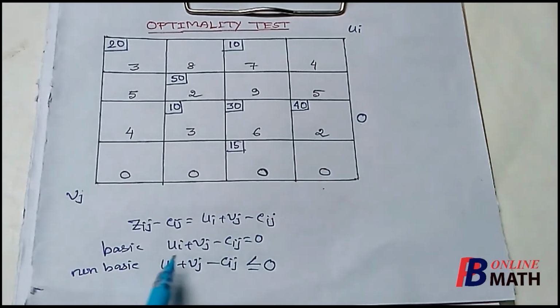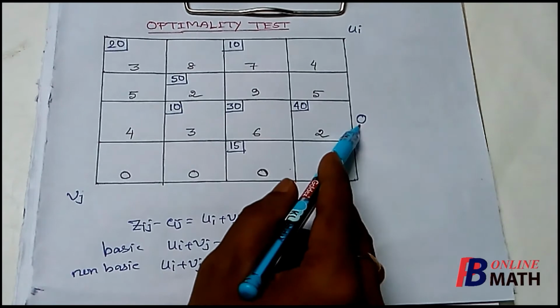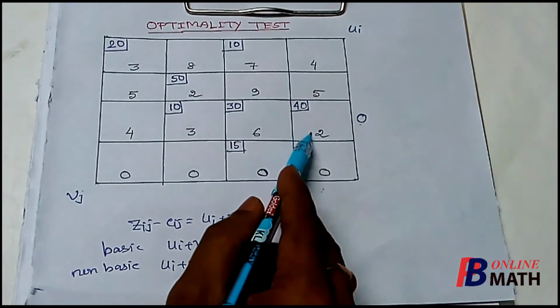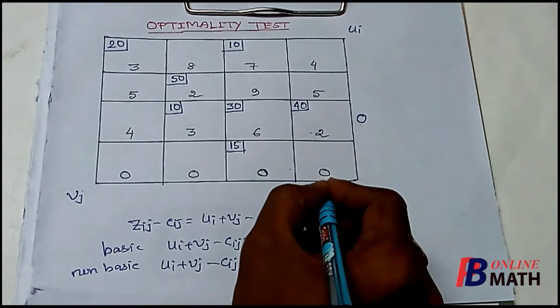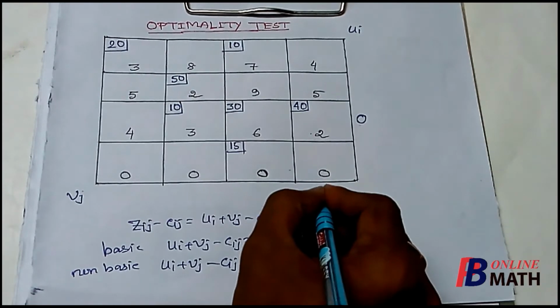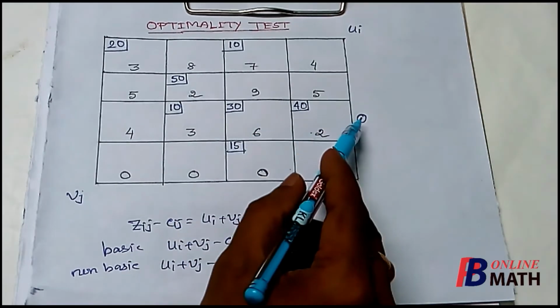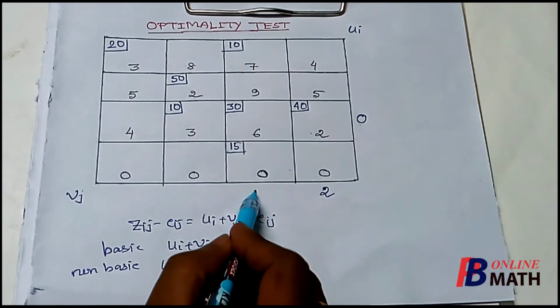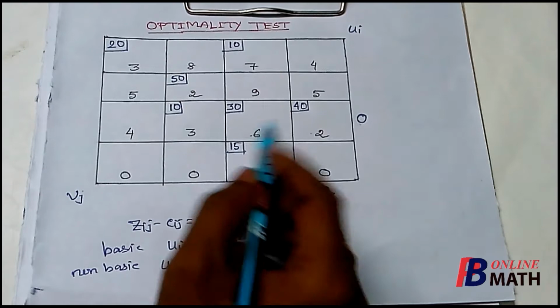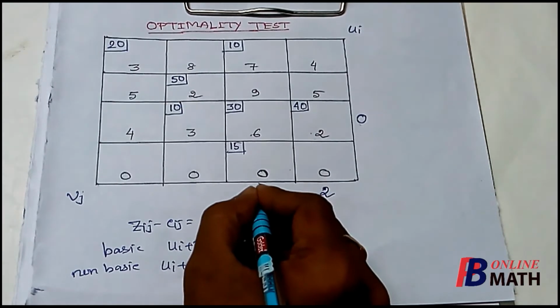So the rule for the basic cell is Ui plus Vj minus Cij equal to 0. So the value of this Vj will be 2. Again this is a basic cell, so Ui plus Vj minus Cij equal to 0. That means this value will be 6.